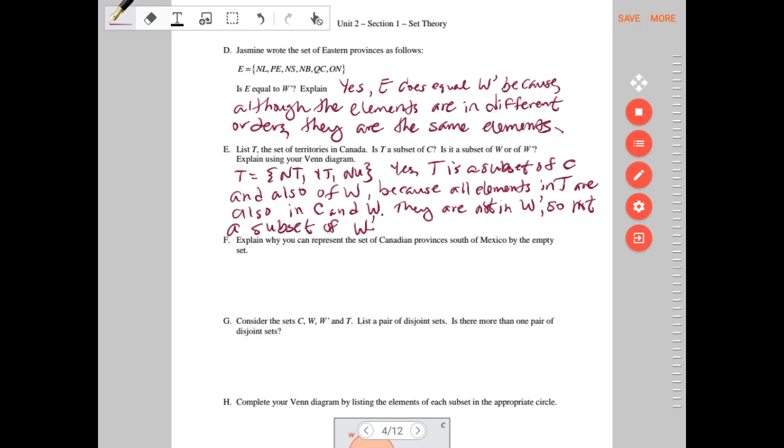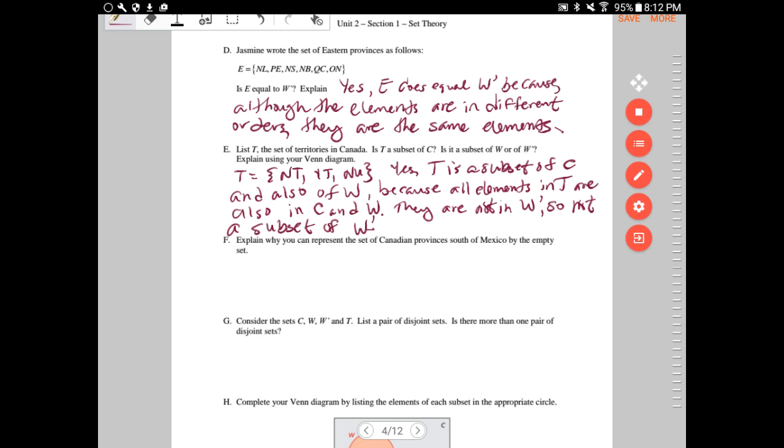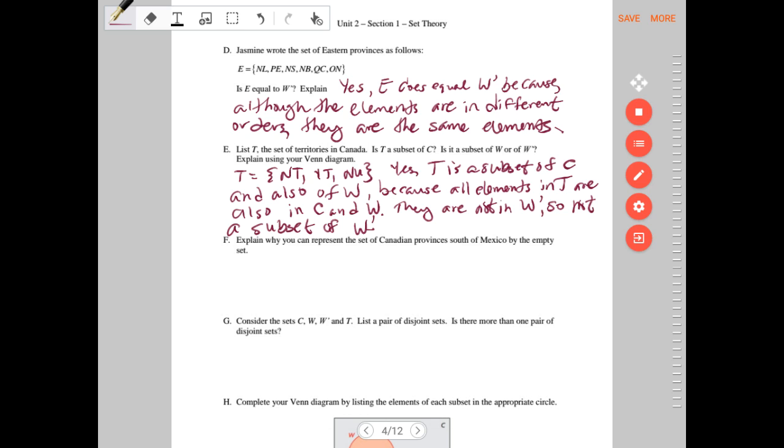All right, part F. Explain why you can represent the set of Canadian provinces south of Mexico by the empty set. Well, how many Canadian provinces would you find south of Mexico? That's right, none. So therefore, how do we represent that?